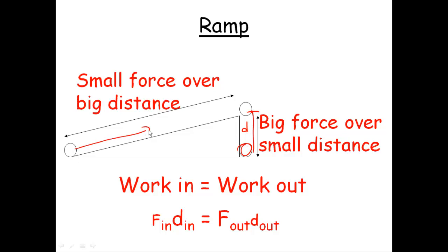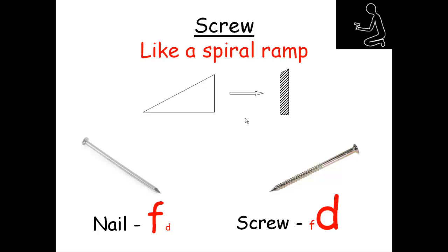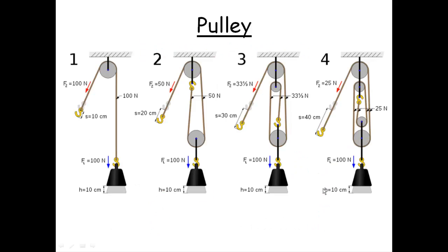If we rolled something up an incline, it would certainly be a lot easier. We'd have a much smaller force, but look at the distance. Much, much greater. It's a trade-off. But work is done the same way. If you look at a screw, a nail, big force, but you can go straight on in. The screw you have to twist around and around. Big distance.